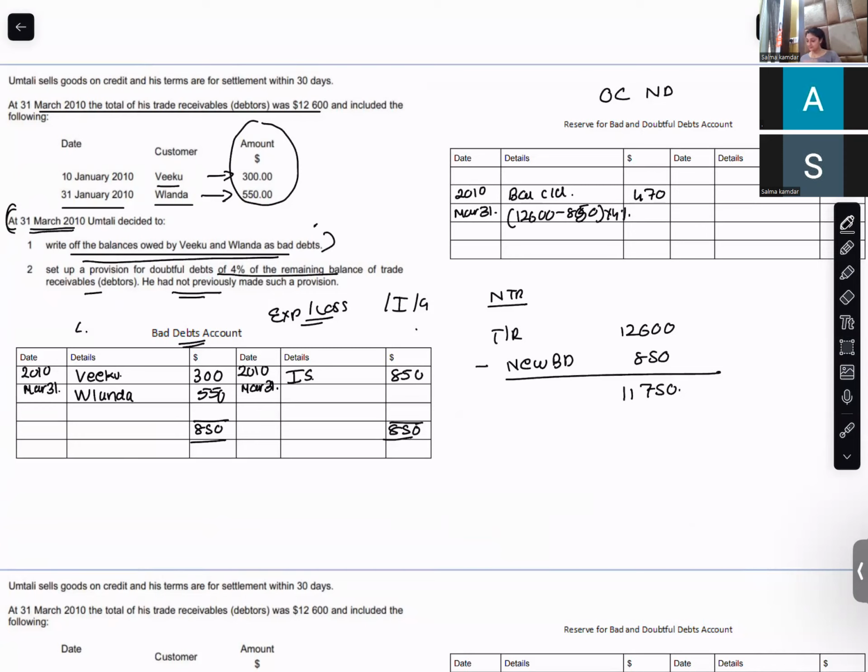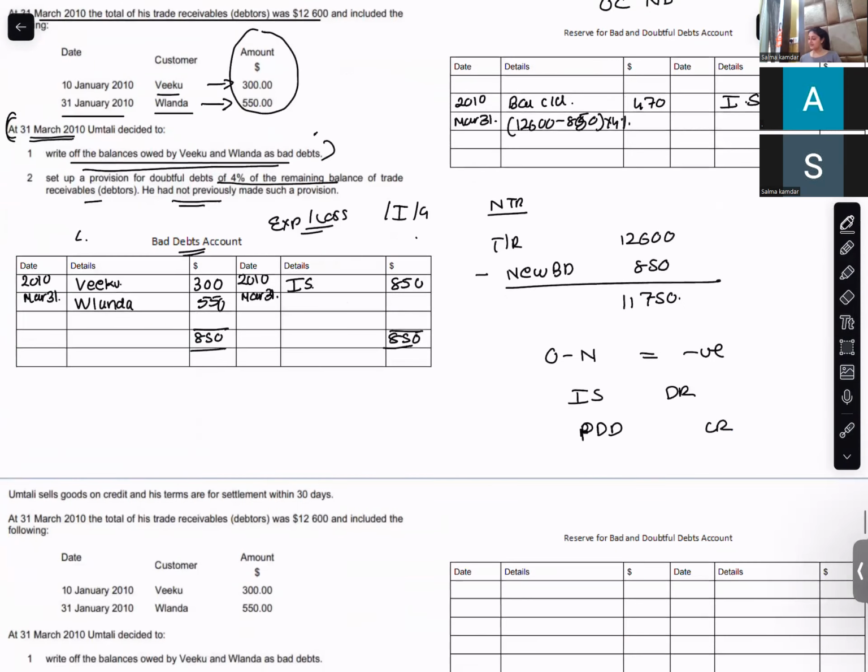And then we write the difference, old minus new, so income statement debit, PDD credit. That means on the credit of the PDD account we will write income statement, 470.